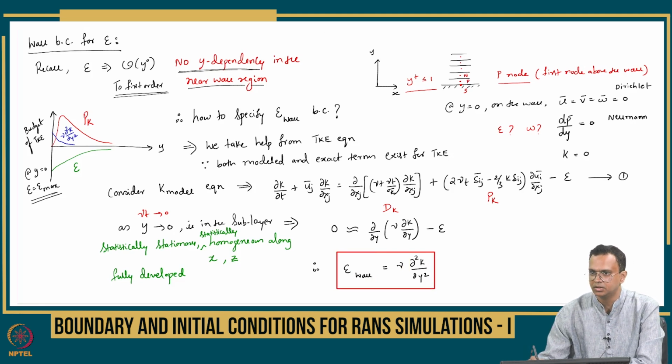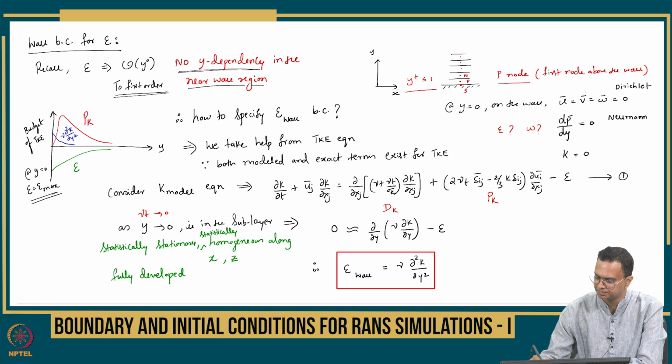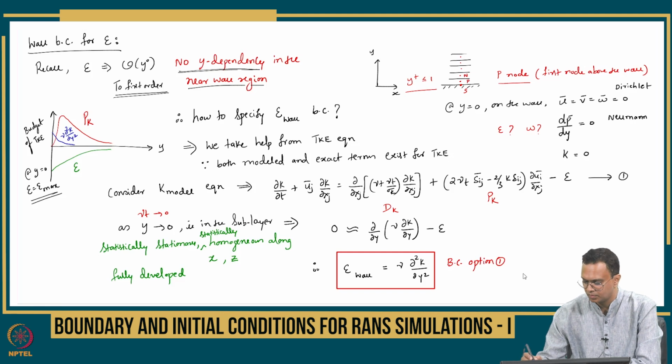This boundary condition has one problem. Anything that you will notice here, the CFD experts should know what will be the problem implementing this boundary condition. This is one option, you can say boundary condition option 1 for epsilon wall.